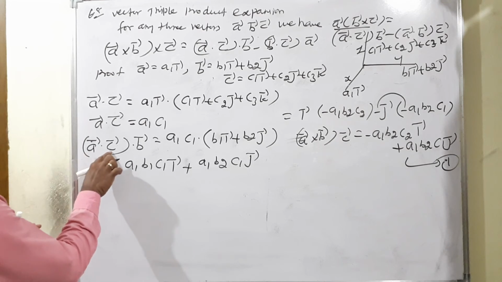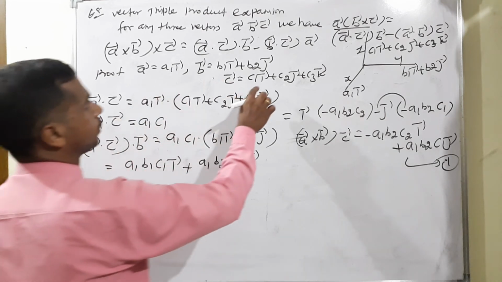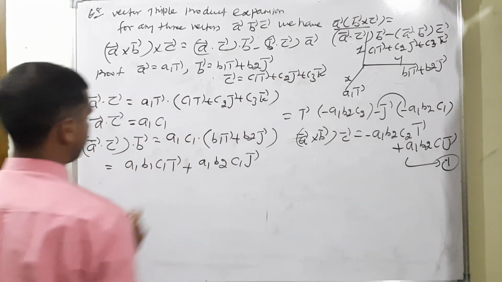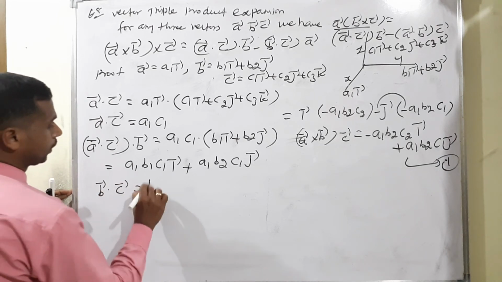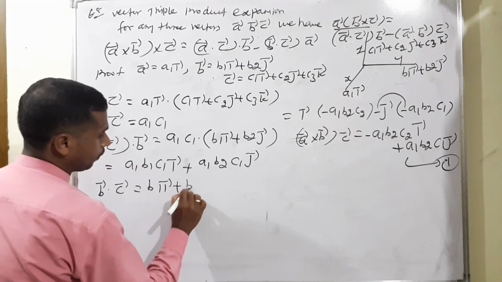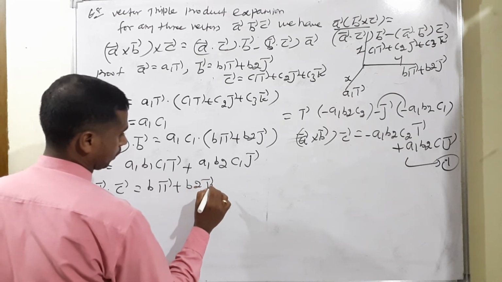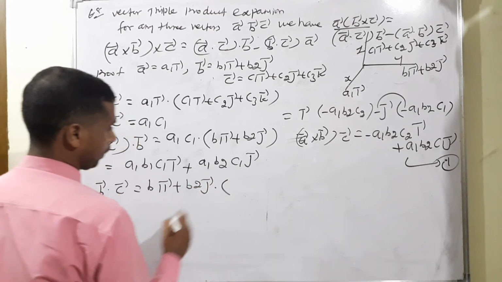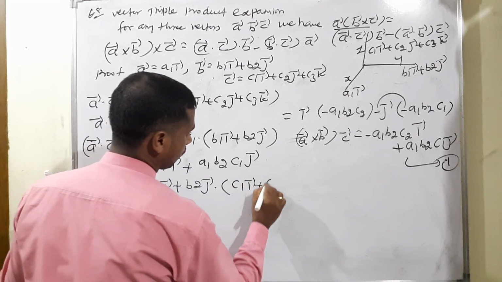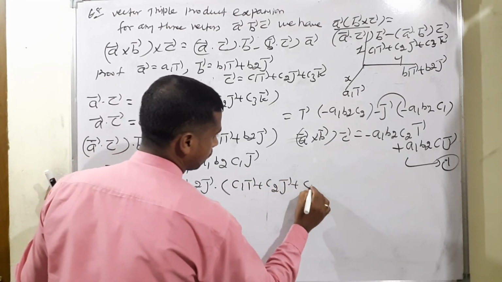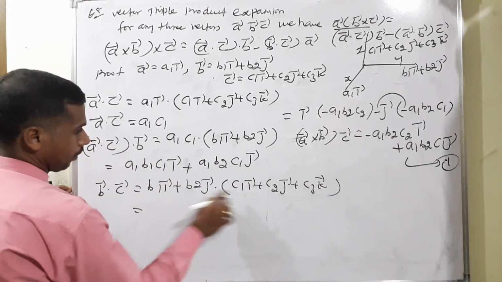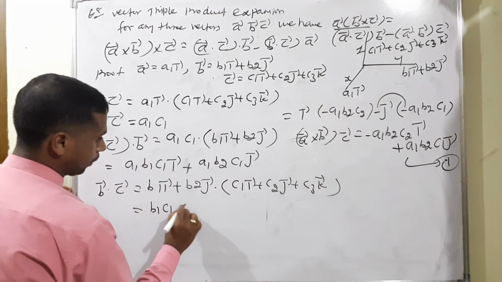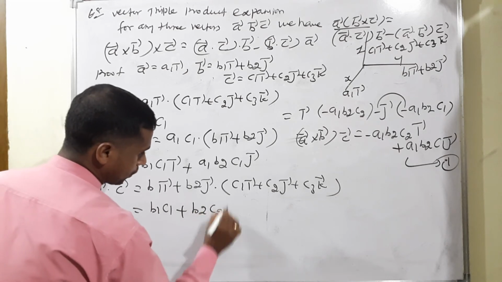This is A vector dot C dot B. Next condition is also there: B vector dot C vector. B vector is B1 I vector plus B2 j vector, dot C vector, meaning C1 I vector plus C2 j vector plus C3 k vector. Again I vector dot I vector, so we can write B1 C1 plus B2 C2.